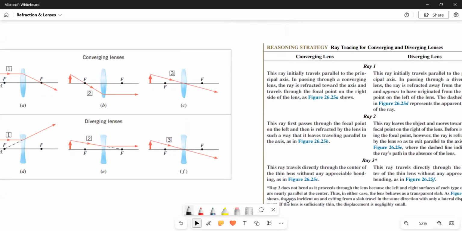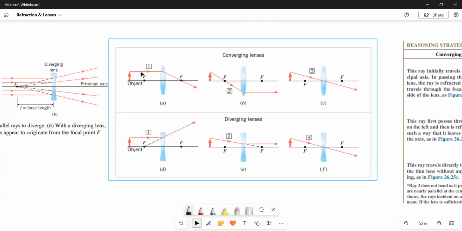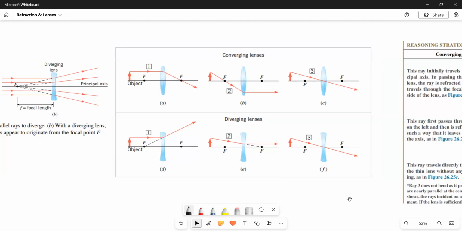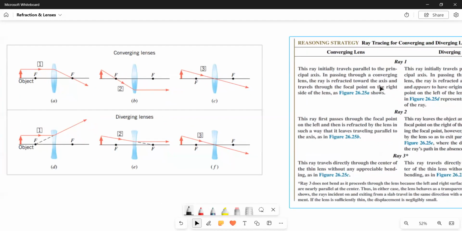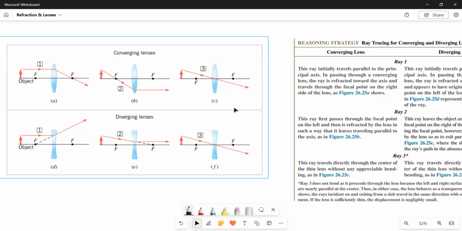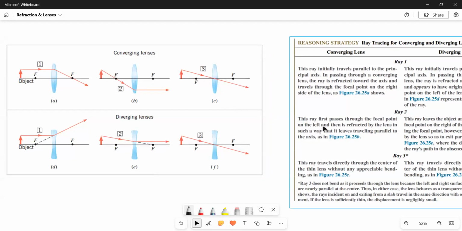So let me go and see that. So you drop parallel to the principal axis. This is the principal axis. Goes to the center there and then through the focal point, right? Go back here. It says the second ray now passes through the focal point here onto the left and is then refracted by the lens in such a way that it travels parallel to the axis.